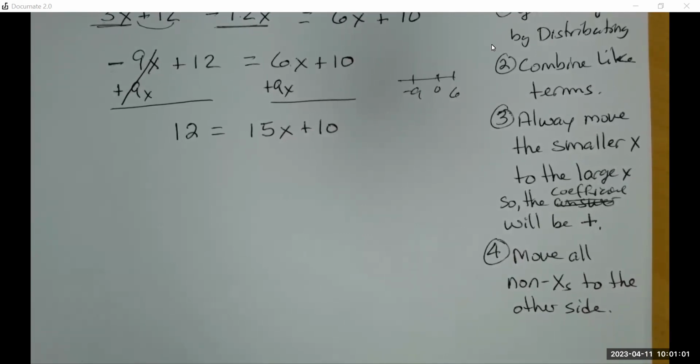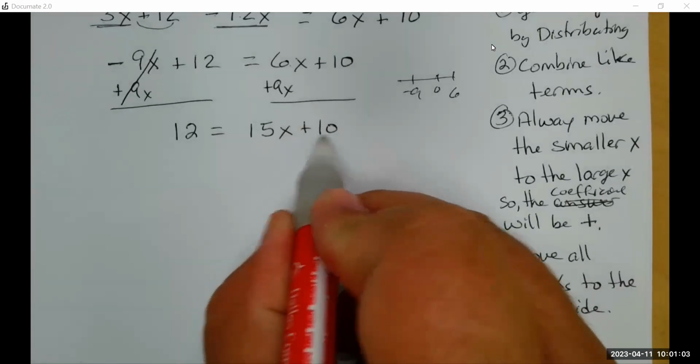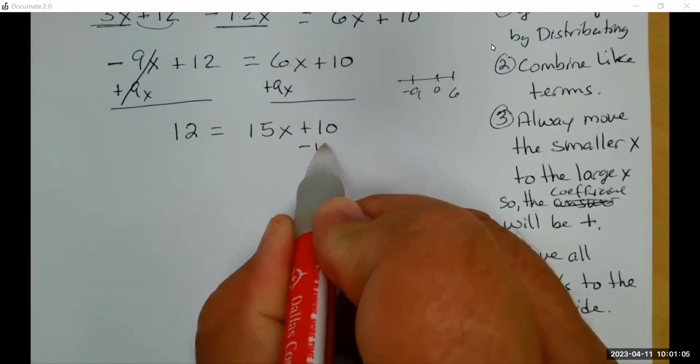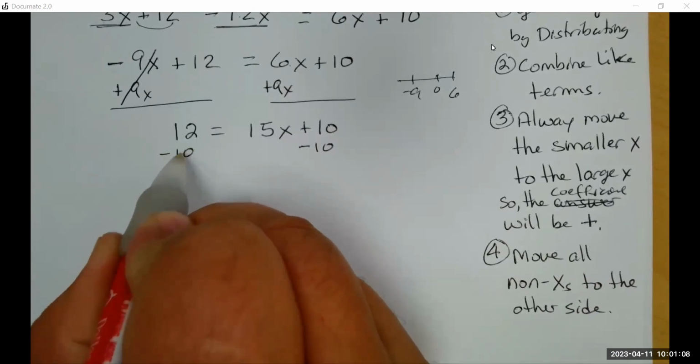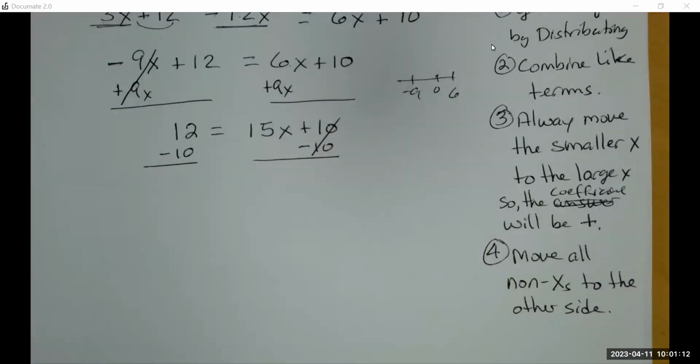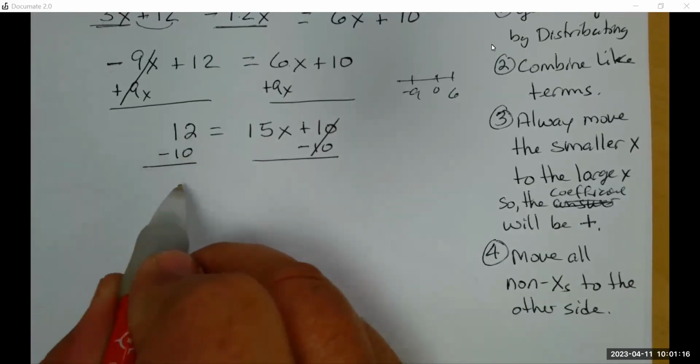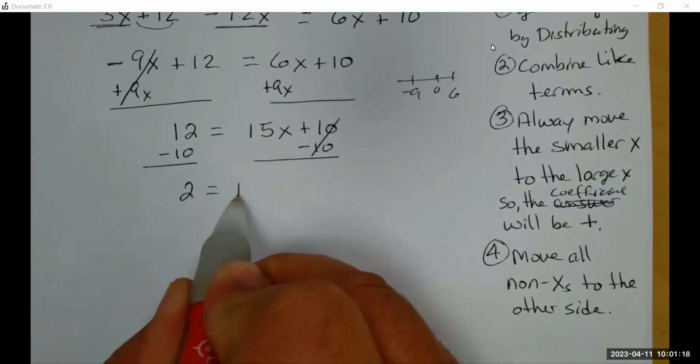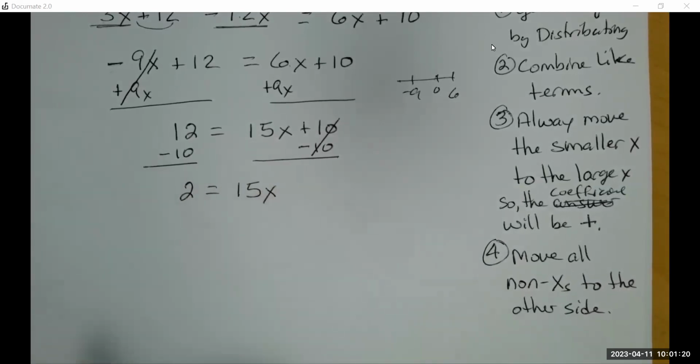So we have to get rid of the 10. How do we get rid of 10? Minus 10. Positive 10 and negative 10 cancel. 12 minus 10 is 2. Equals 15x.